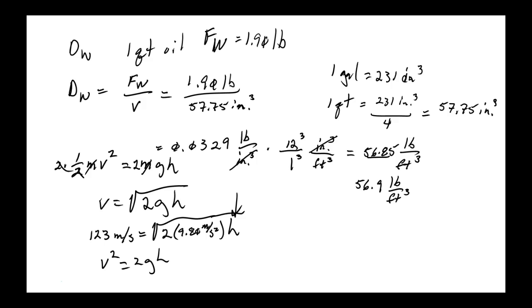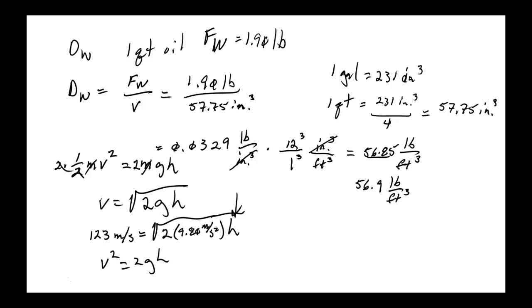Where did you get 11.0? Let me see you do 123 squared. Is that squared or square root? Oh, I'm doing square root. Yeah, you got to do square. When you square a big number, it's going to get much bigger.